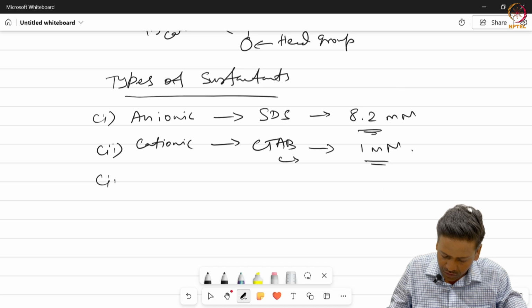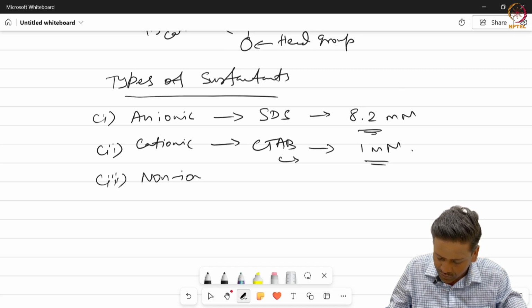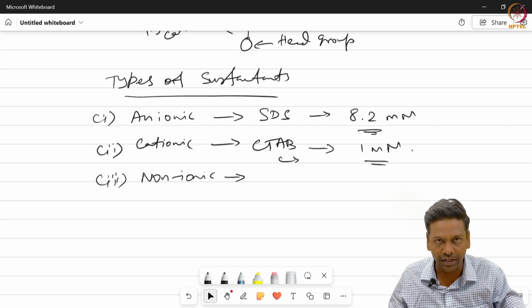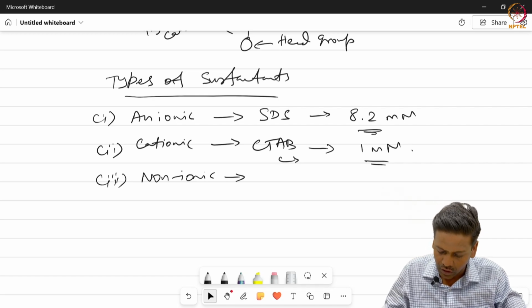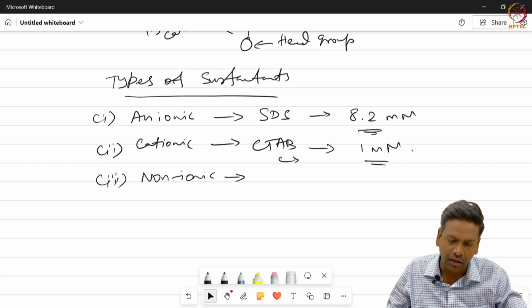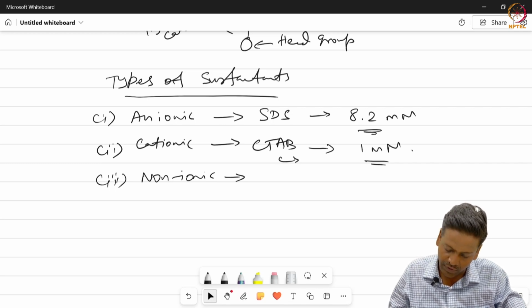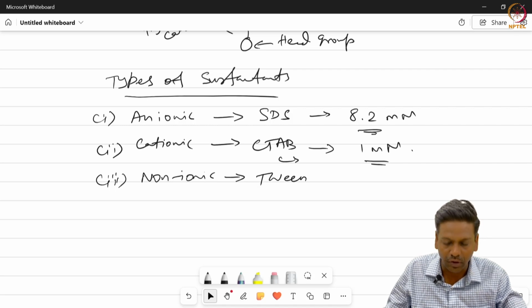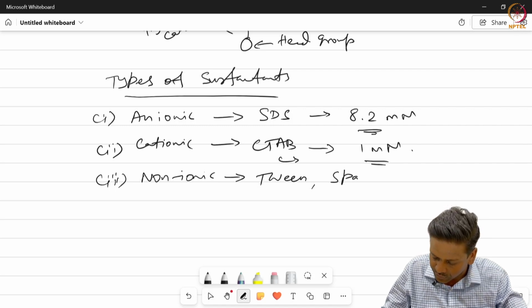And the last but not least is non-ionic. This one doesn't belong to cationic or anionic. There are some commercially available non-ionic surfactants. If I can name a few, I can say what is known as Tween, or Span.